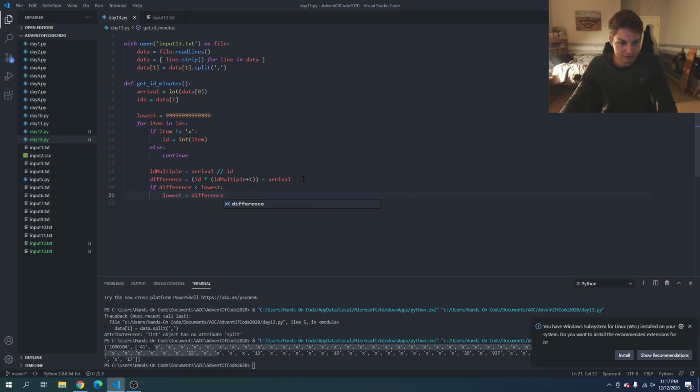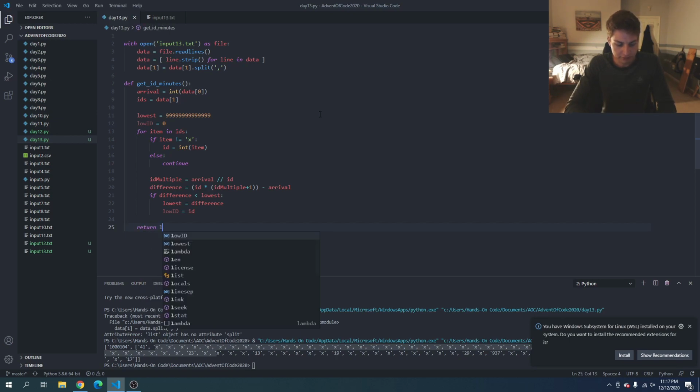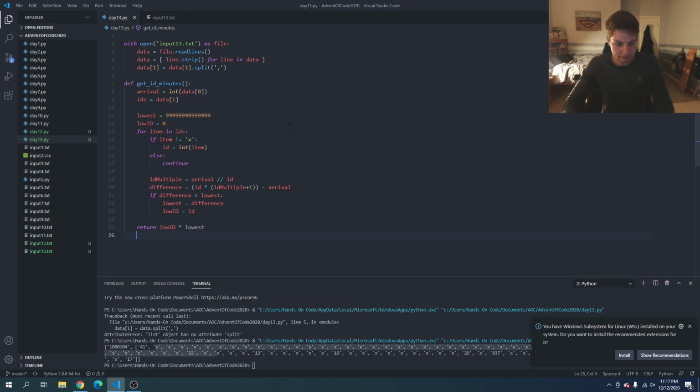And then we also need to keep track of low ID, the ID of the lowest number. So low ID is going to be equal to our current ID, and then at the end return low ID times lowest. I think that'll give us the answer.